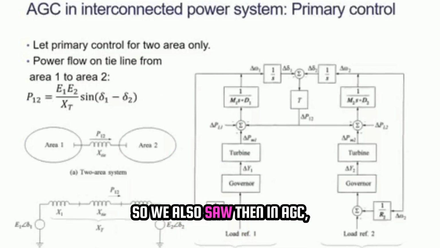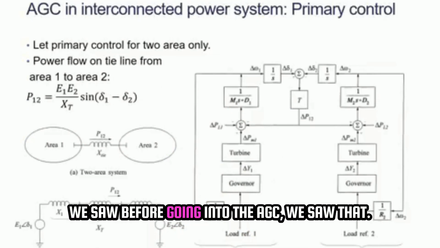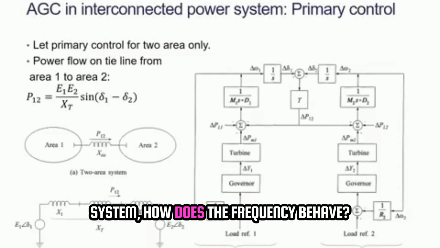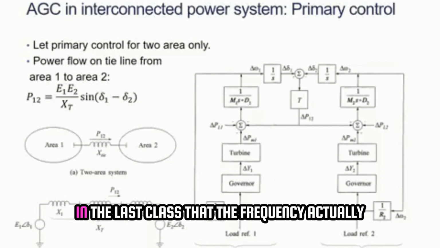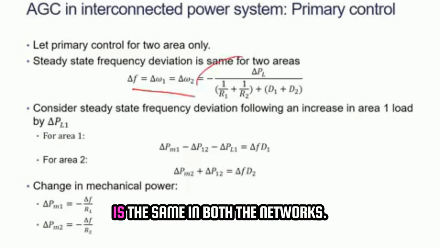We also saw AGC in an interconnected power system. Before going into AGC, we saw how the frequency behaves in an interconnected power system. We did a small derivation in the last class showing that the frequency is the same in both networks.